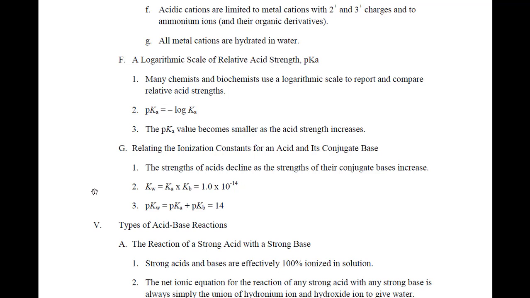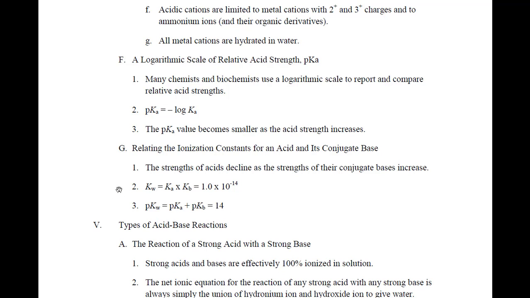Then we can take the negative log through the entire equation, and that gives us another one you have to memorize, because these two you need to commit to memory just like the others, because you can't have them at least written down going into an exam. You just have to have them in your brain. So taking the negative log all the way through gives you pKw equals pKa plus, remember these were multiplied, so this becomes plus pKb, and that value is 14.